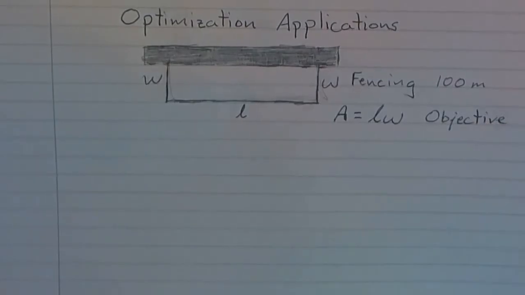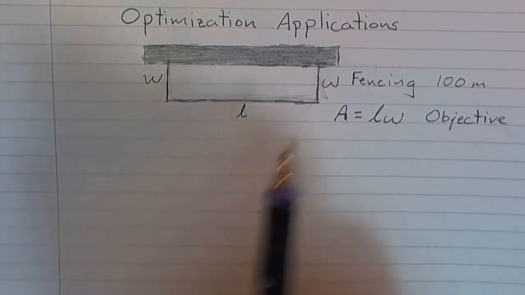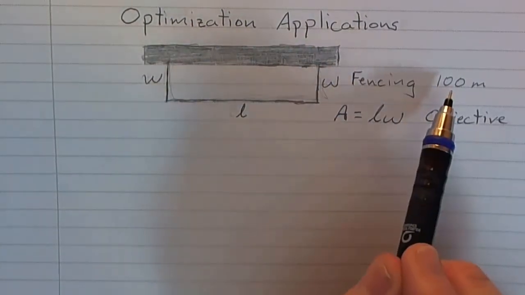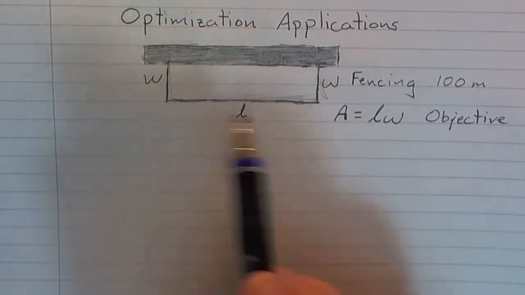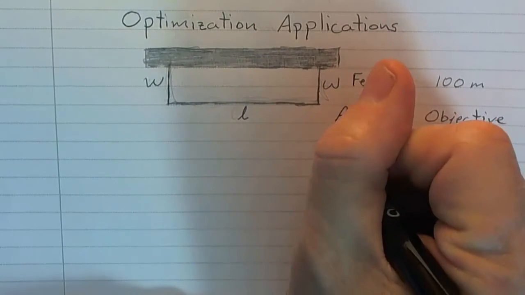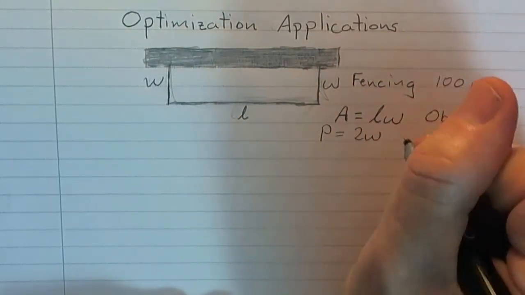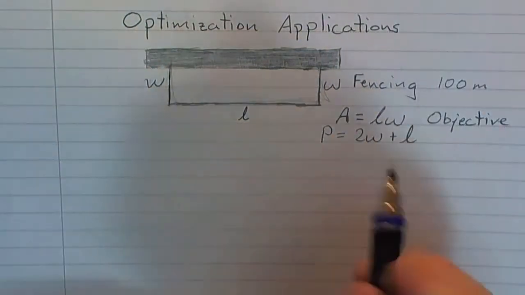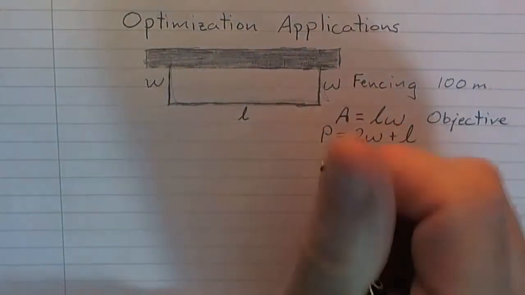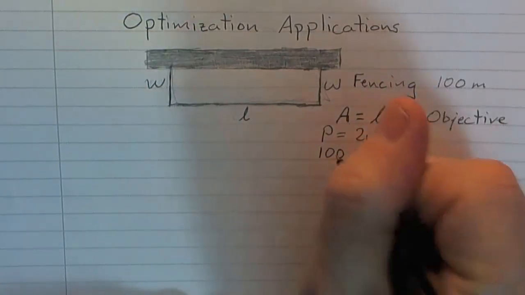Now, we have a constraint. Our constraint is this: when you take 2 times the width plus the length, you only have 100 meters to make that construction. So that is a constraint. In other words, our perimeter is 2 times W plus L, and in particular, our perimeter is limited to this 100 meters.